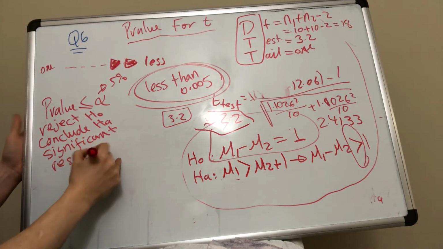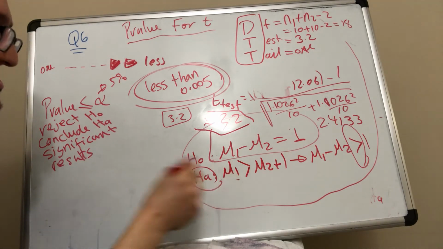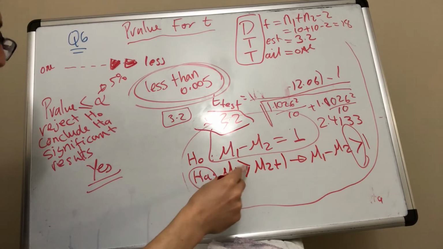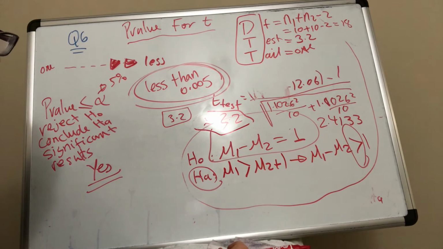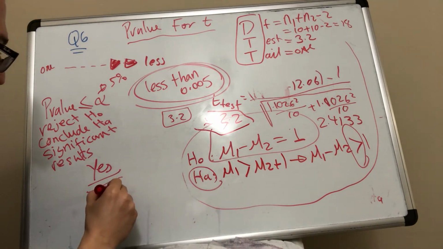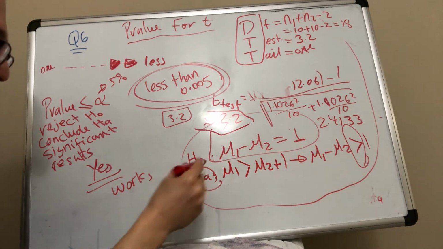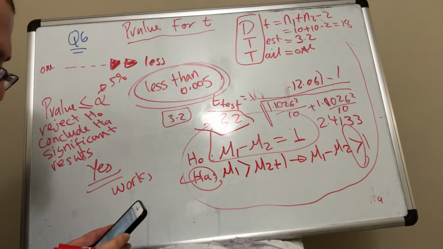When you don't conclude, it's insignificant. So you're concluding HA, then yes, the trial is better, or the standard is more than the trial by at least 1 point. So this medication works. HA is correct and the medication works.